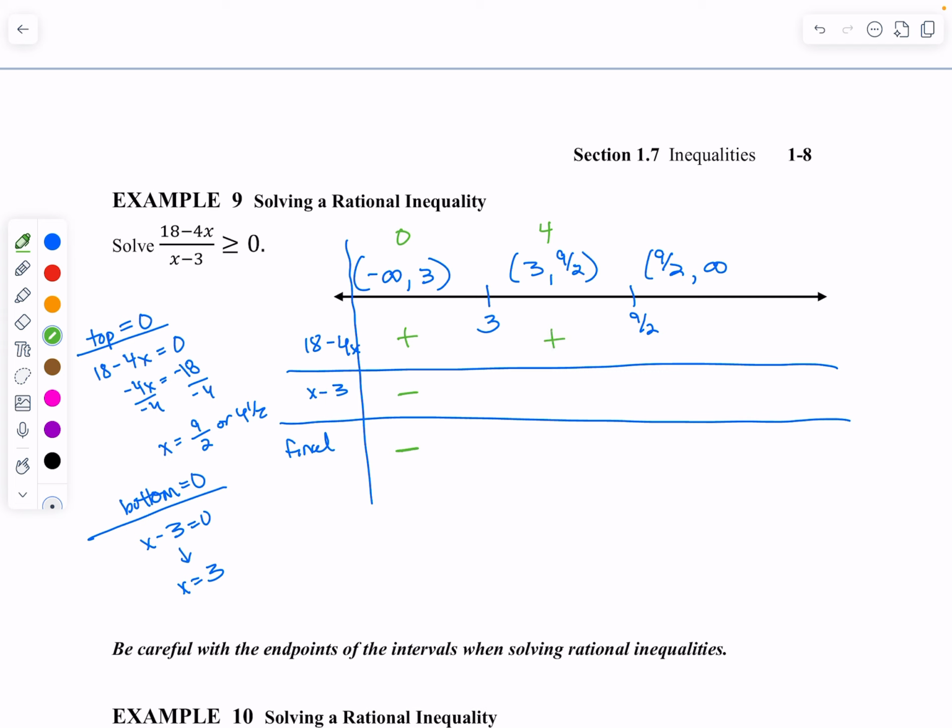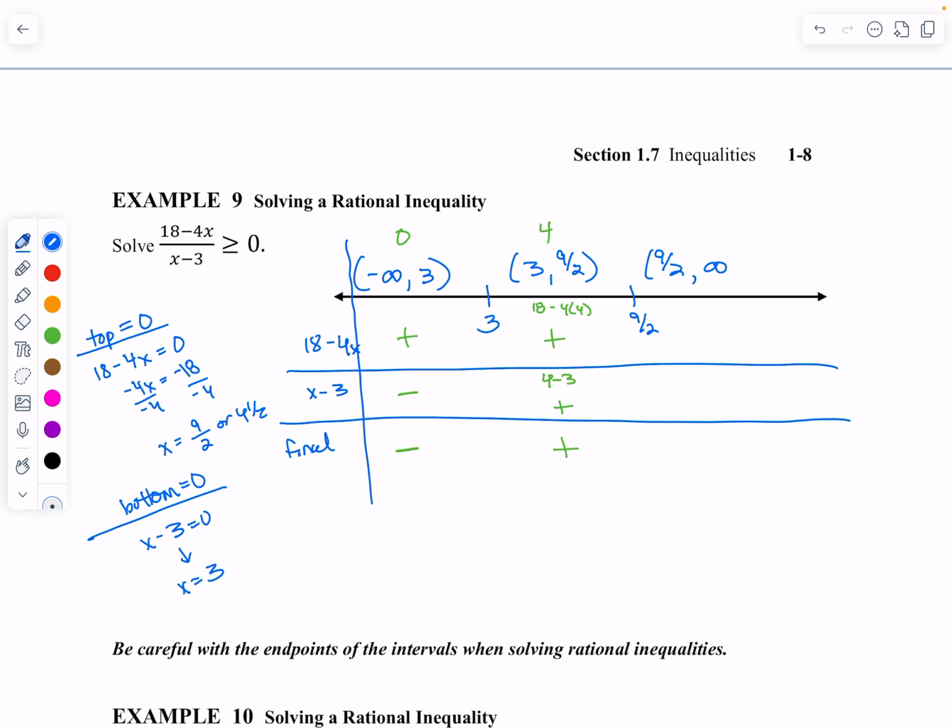I don't care about the 2, but I'll write down how I got it, though you don't have to, just for your notes. Now the bottom is x minus 3, so my x would be 4. 4 minus 3 gives me a positive number. So positive divided by positive, so the middle is positive.